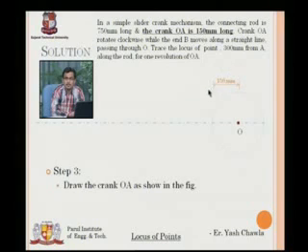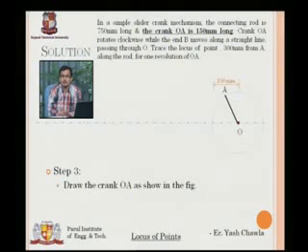We have labeled it as 150 mm. Now the next step, take any radius. If from O I draw any radius, I will get at any time the position of my crank, that is OA. So this is my crank. So my first objective is done, that I want to have a crank.